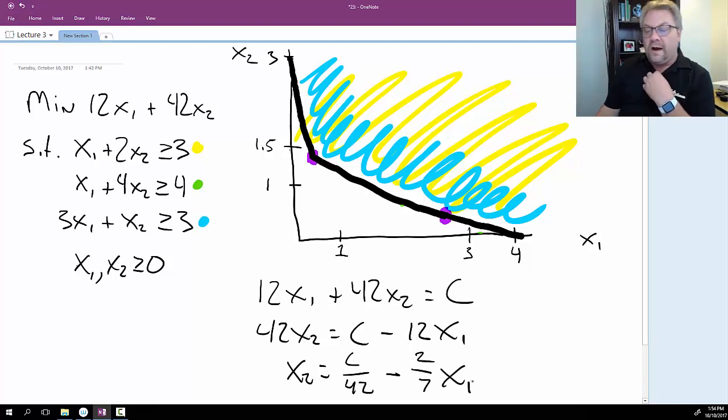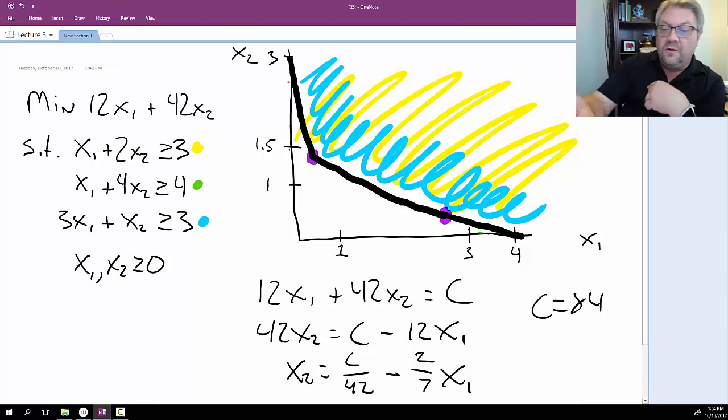Here, what I would do is start off with a C of like 84. Right, because then that would give me 84 divided by 42. That means I'd start off here at 2, and I would have some line with a slope of negative 2/7.